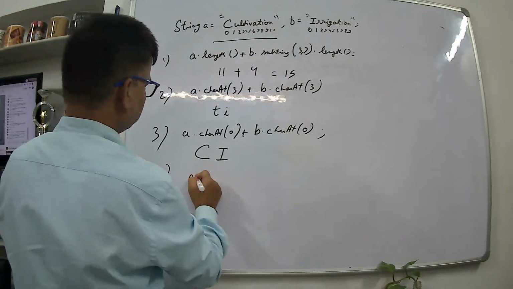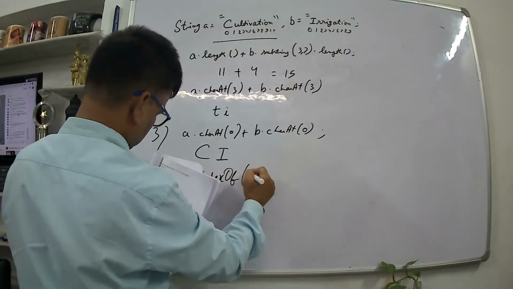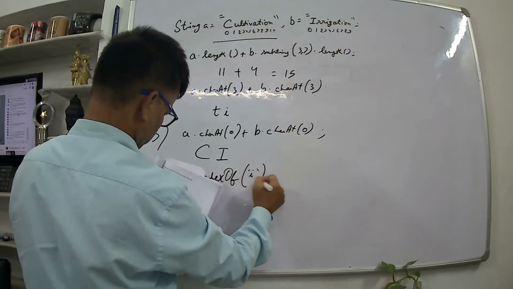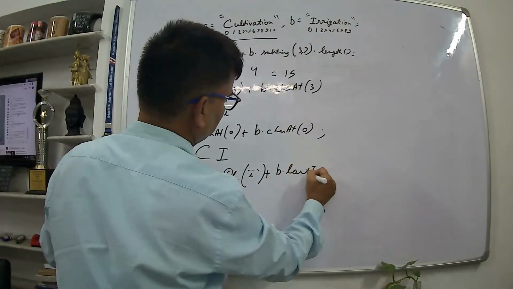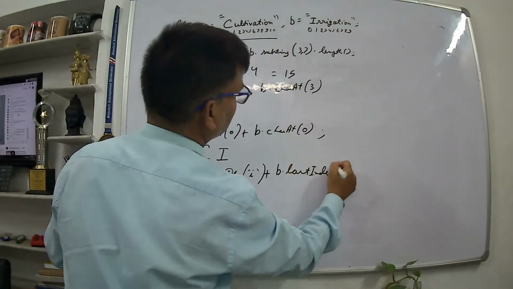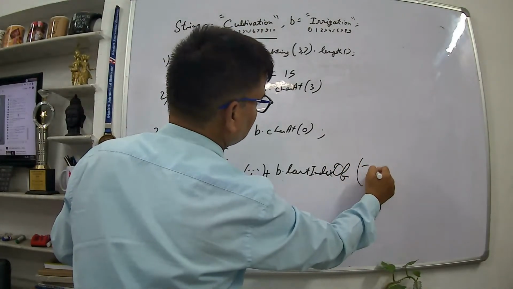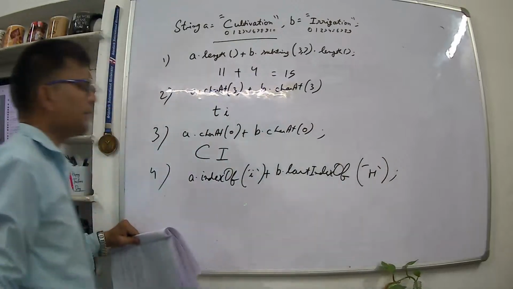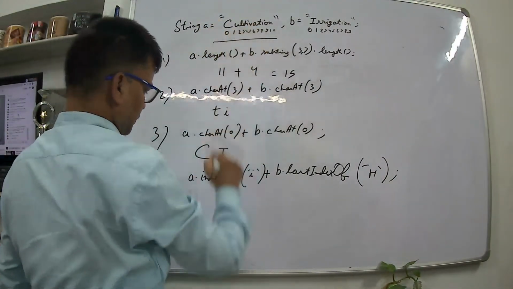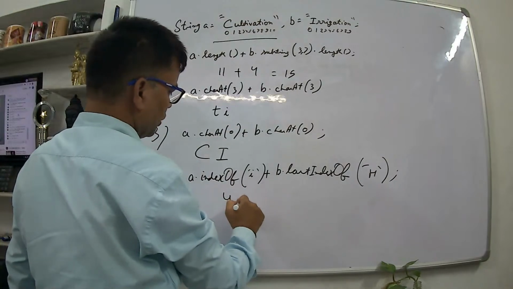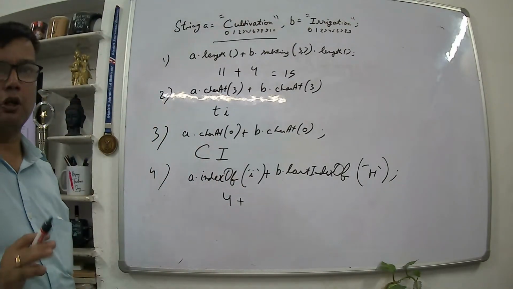A.indexOf(I) plus B.lastIndexOf(H). A.indexOf(I) is 0, 1, 2, 3, 4, so 4. B.lastIndexOf(H): now capital H is not there.